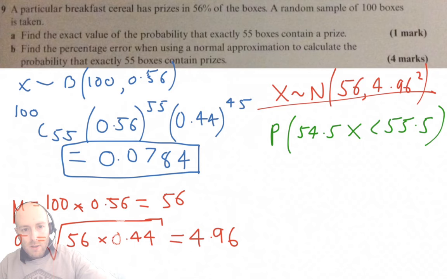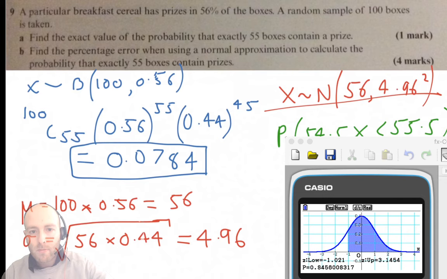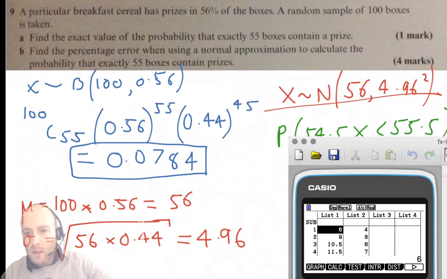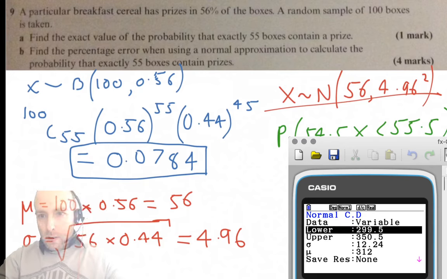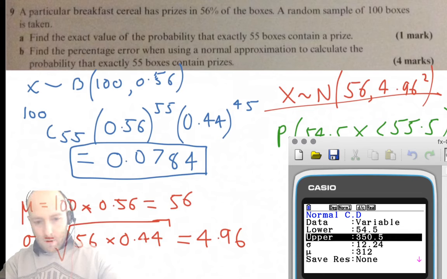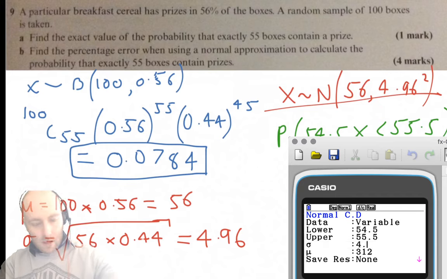Bring up the trusty graphical calculator. Cool. So we want a normal CD. And what are we talking about? 54.5, 55.5, 4.96, and 56.